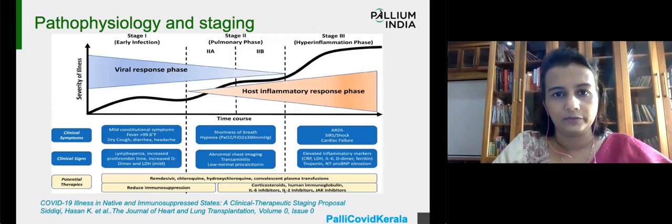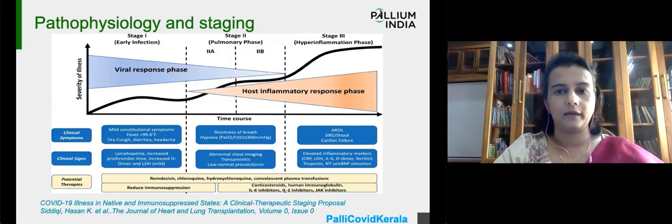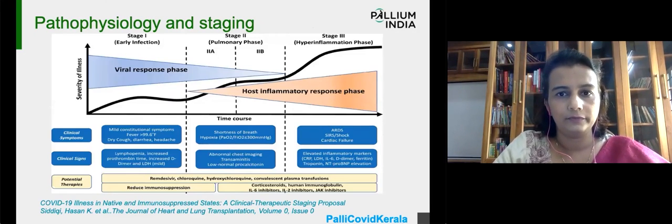Now, coming to the pathophysiology, this can be described in a graphical form, where we can describe three stages. There's stage one, as I described, early infection, when the viral load is quite high, but the severity of illness is quite mild, and the patient can present with mild constitutional symptoms.